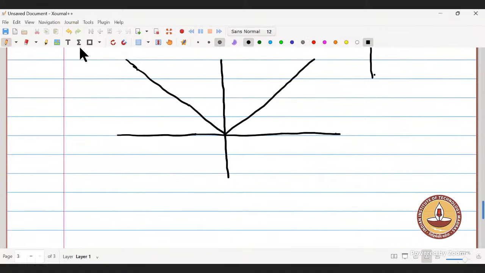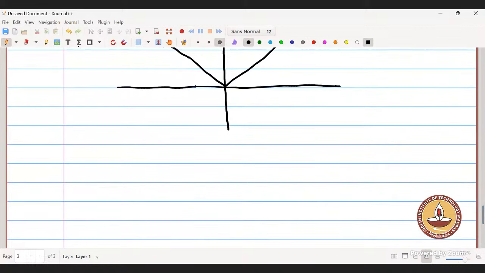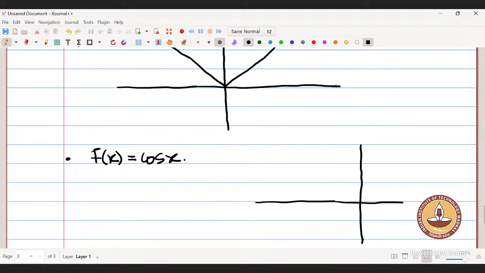Okay, and similarly, any other example, any other trigonometric function that you know? Cos x, sir. Cos x, right? So this is an even function. If you draw the graph, then at 0 it's 1, right?